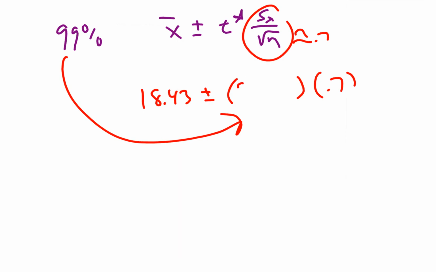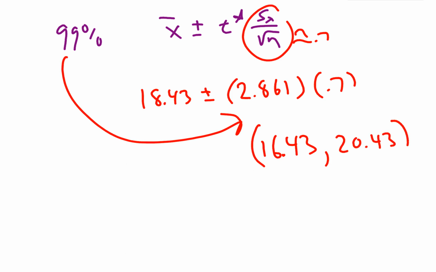So that's what would go here, 2.861. If we take the time to calculate that, we get about 16.43 up to 20.43, something like that.